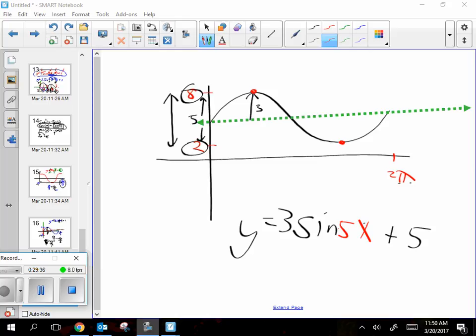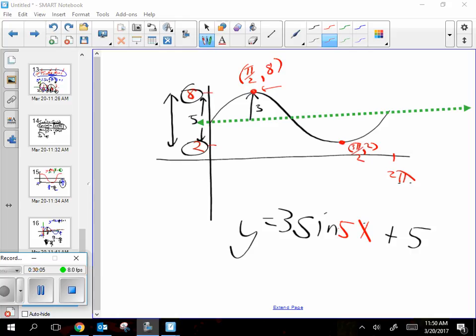Because that'll be a lot easier to tell what these points were. Would you agree that this spot right there is at how far over? That would be 3 pi over 2. You are correct. And how far up? That would be 2. And this spot right there would be pi over 2, and 8.